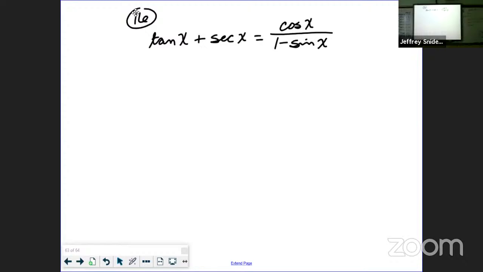And then look, sine squared, those cancel each other out. So then it's cosine x over sine x plus 1. I only know that one because we busted it. So just FOIL it.